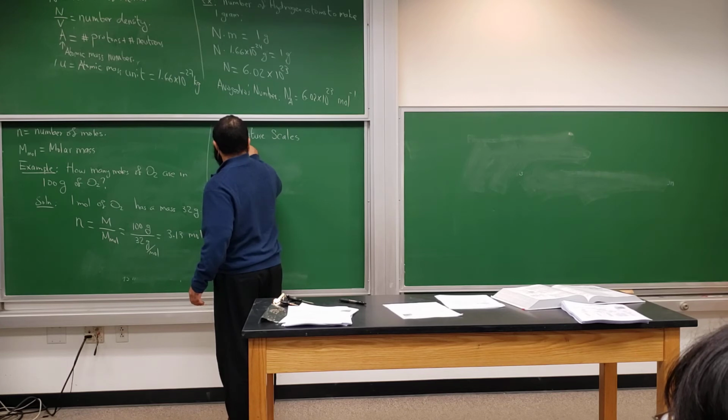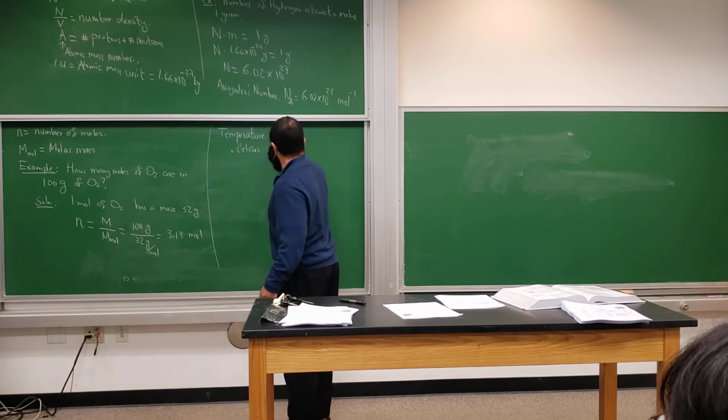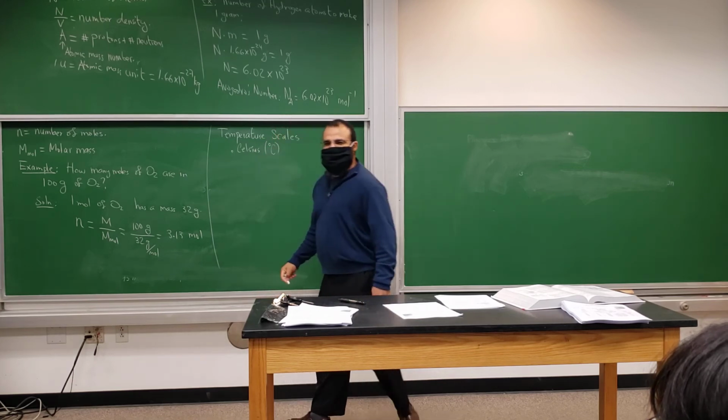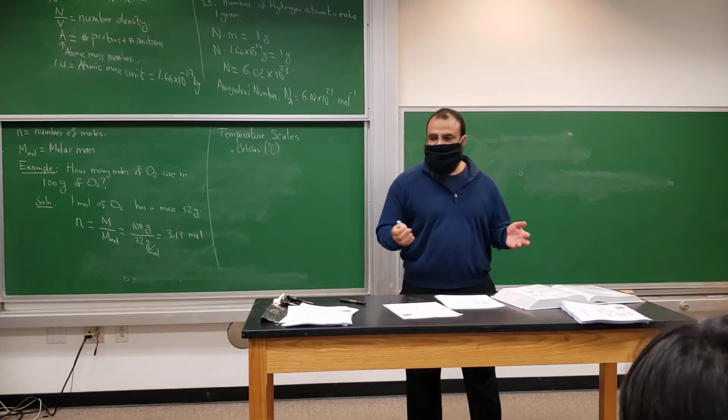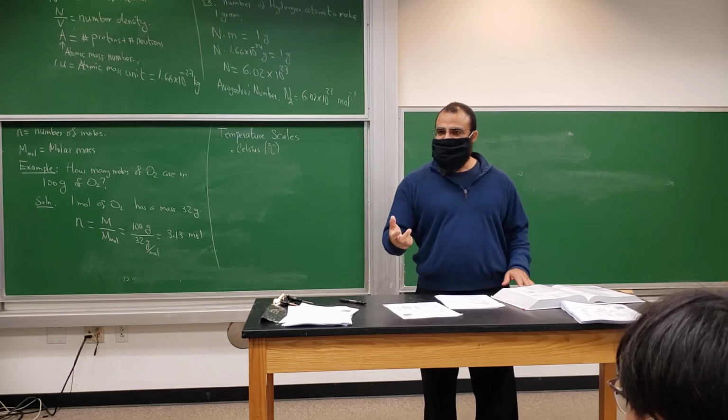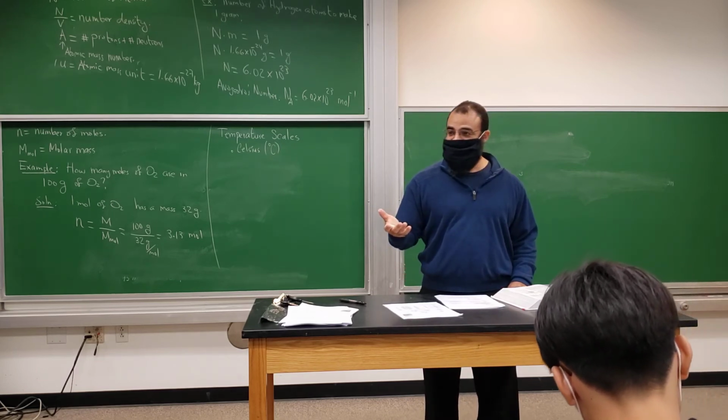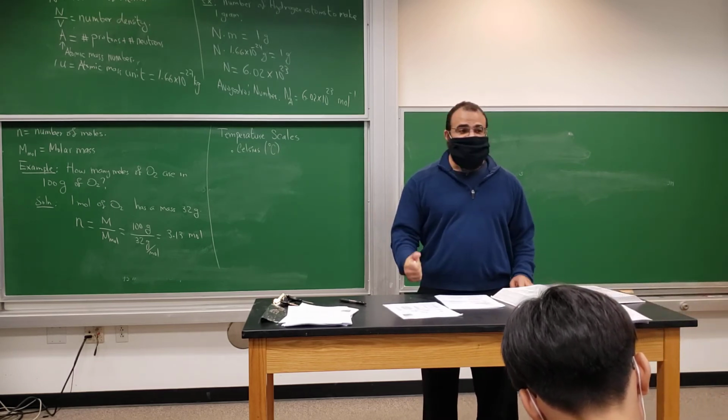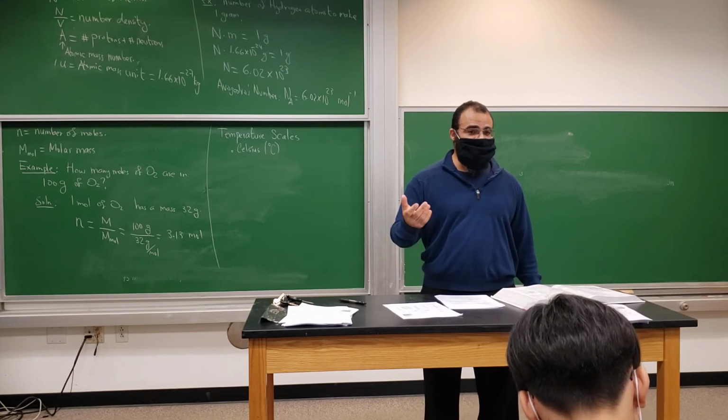You've got the Celsius, I think that's how it's spelled, degrees Celsius. It's based on water. So water freezes at 0 degrees Celsius, right? And then it boils at 100.